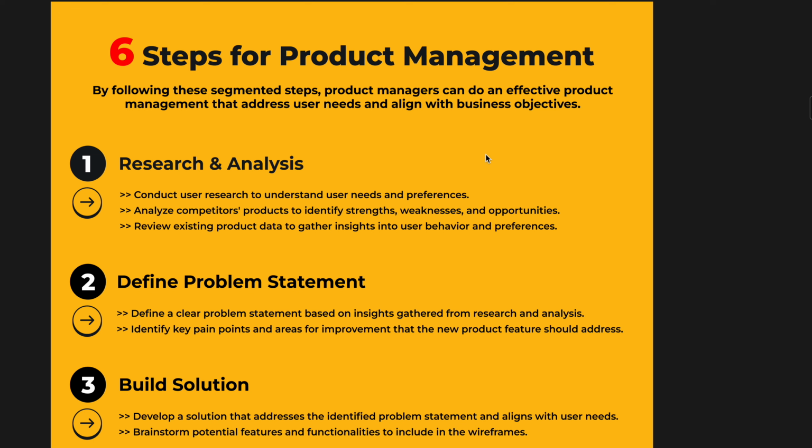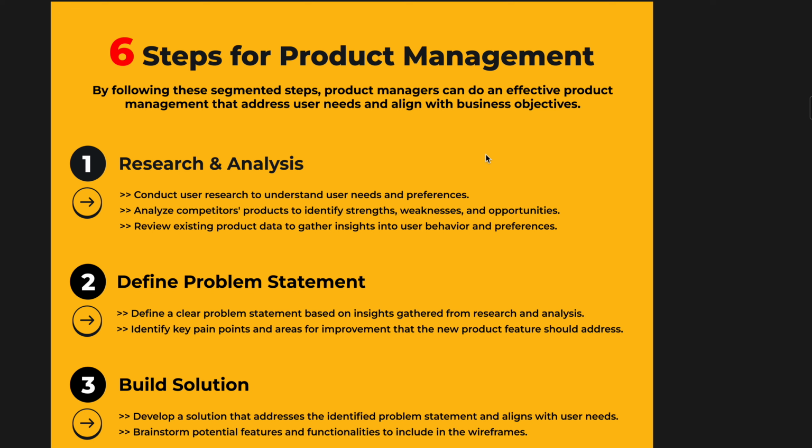Second way would be analyze the competitors' products to identify strengths, weakness and opportunities. For example, as a product manager, you might not really know what are your next steps. You know the problem statement, you have done your user research, but you need some inspiration.